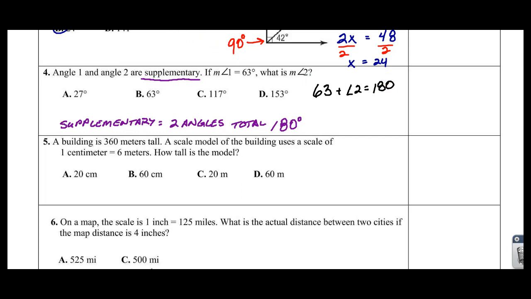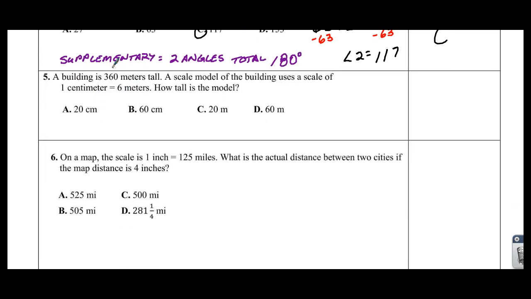So take away the 63 from here and take away the 63 from here, and we know that angle 2 is equal to, got to borrow from that, 10 minus 3 is 7, 7 minus 6 is 1, bring down that 1. We know that angle 2 is 117 degrees.